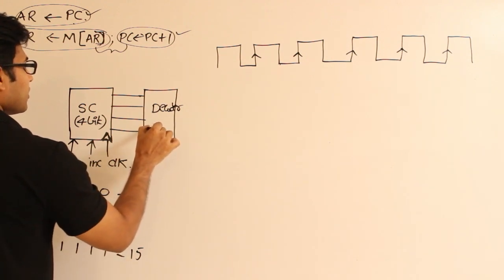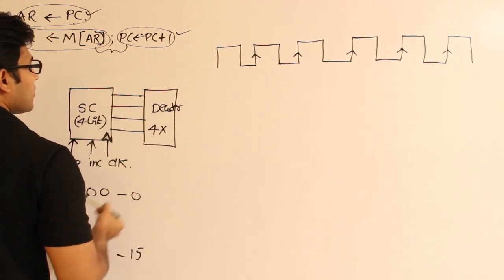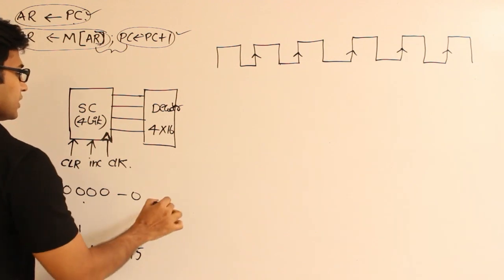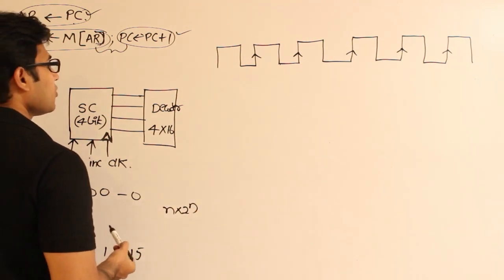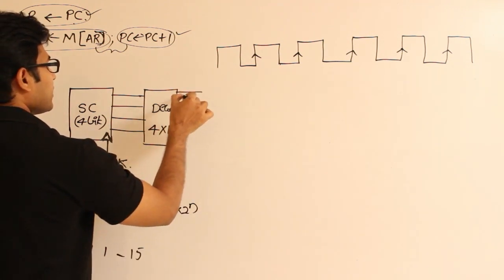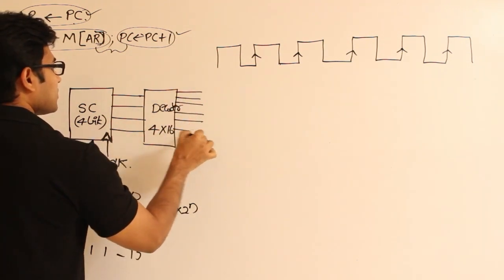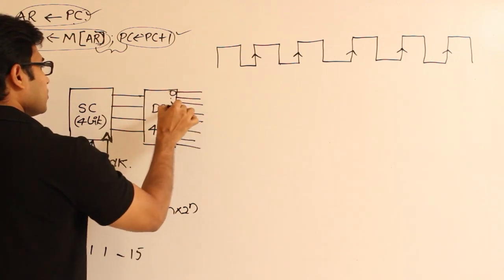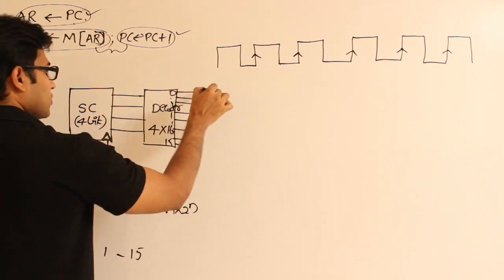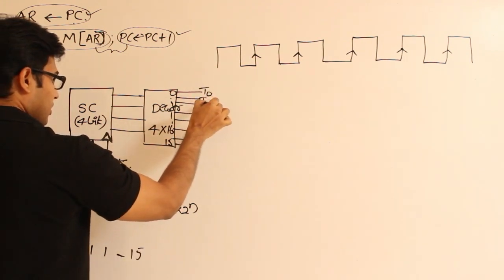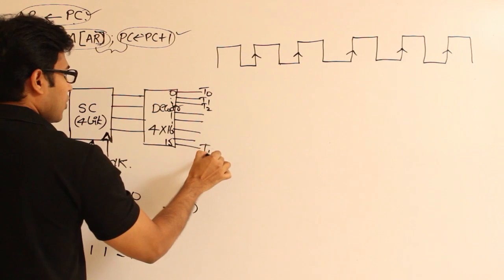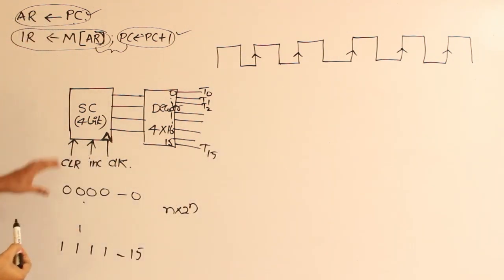This decoder is nothing but a 4/16 decoder. Generally a decoder will have n inputs and 2 power n outputs, right? And at any point only one of them is going to be highlighted. So it is going to have outputs 0 to 15, and we are going to name them as T0, T1, T2, and so on till T15.